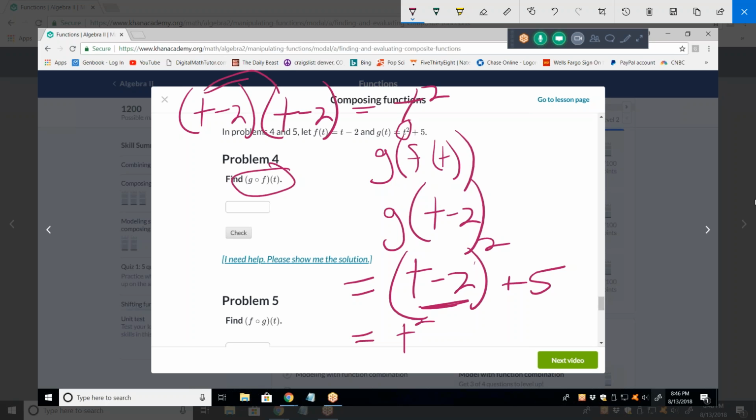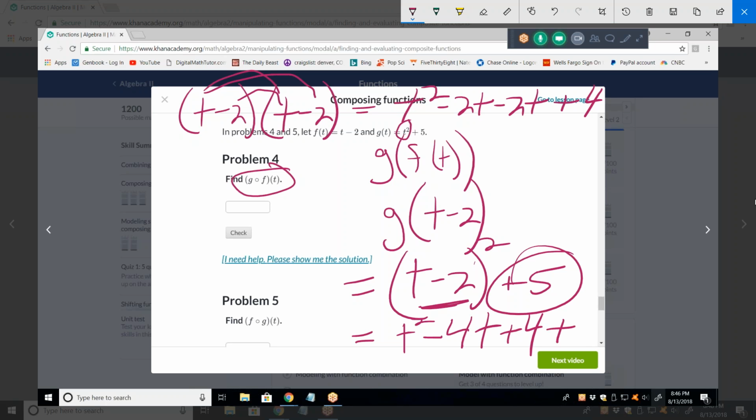Multiply that by that, you get t squared. Multiply the outside, you get minus 2t. Multiply the inside, you get minus another 2t. And if you multiply the last terms, you get plus 4. That's t squared minus 4t plus 4. And then we still have the plus 5.